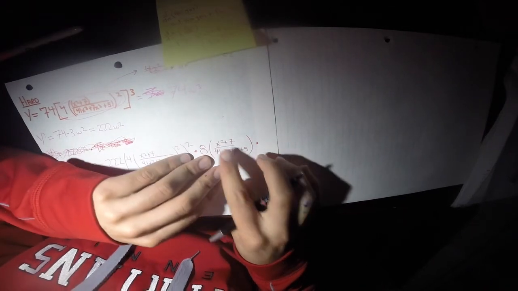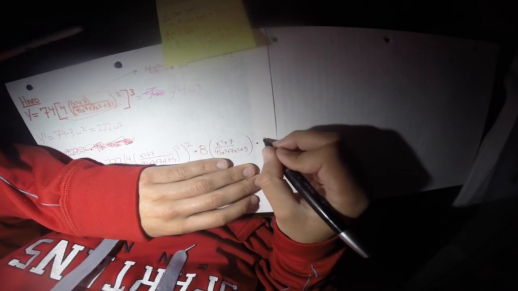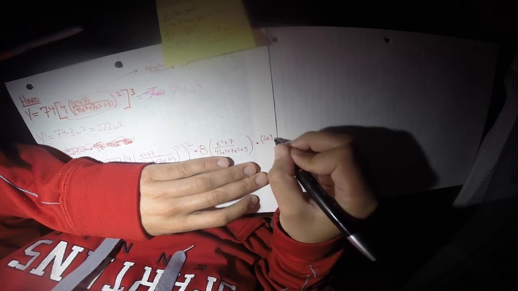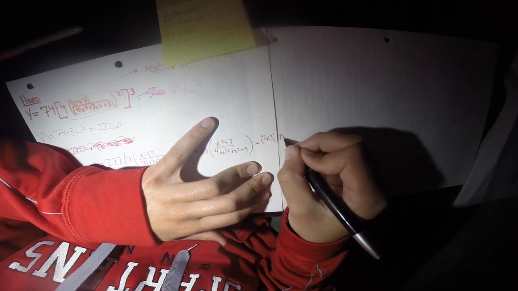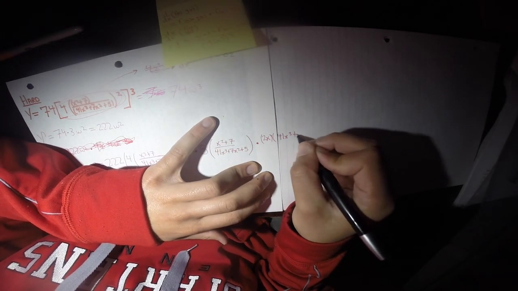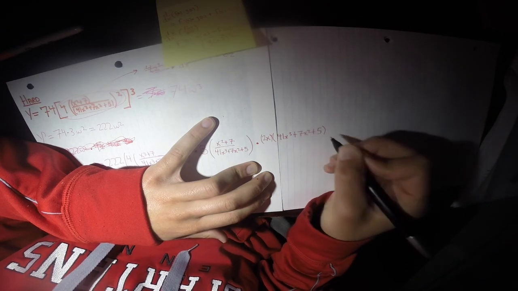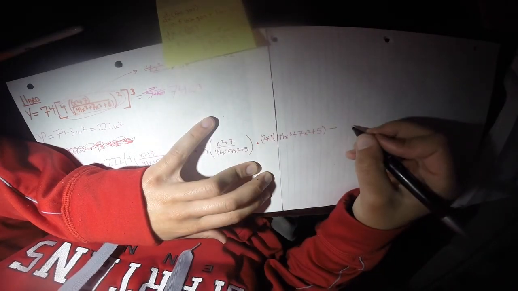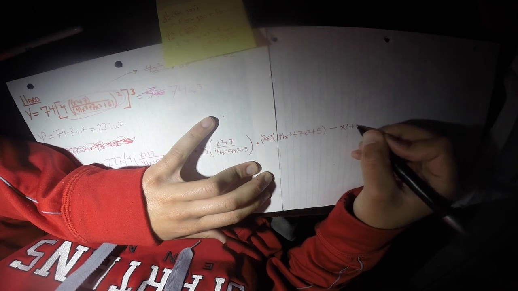And now, so f of x at the top, g of x at the bottom. So you times by the derivative of the top, 2x. Remember, the 7 is a numeral. Times the normal function, so 41x cubed plus 7x squared plus 5, minus the normal function at the top, f of x, x squared plus 7.